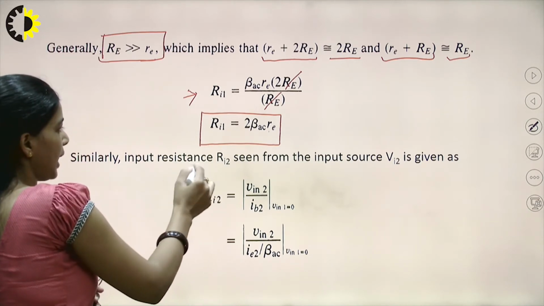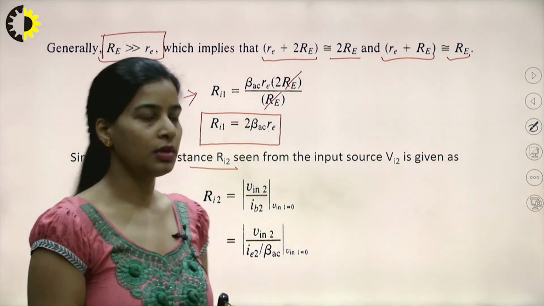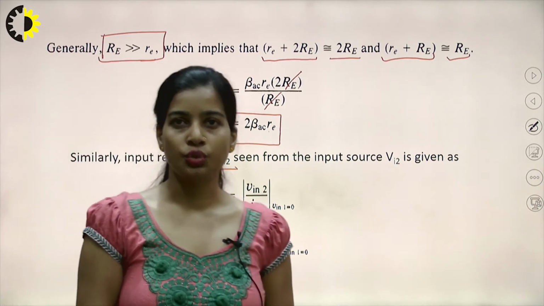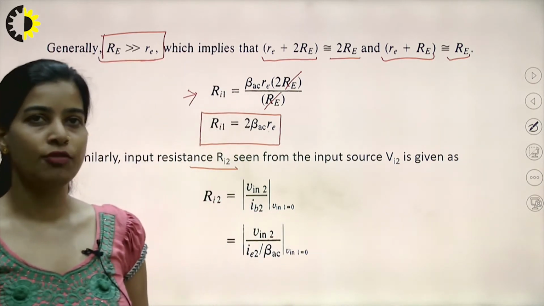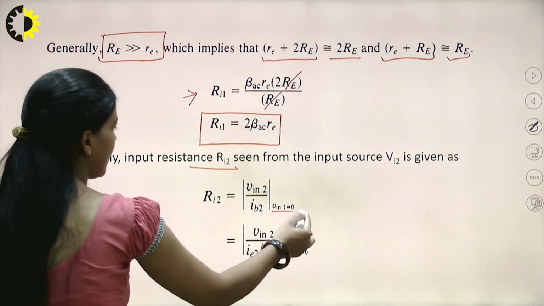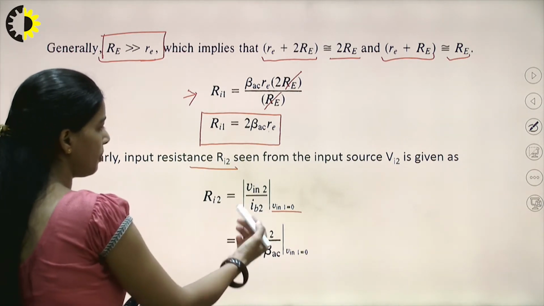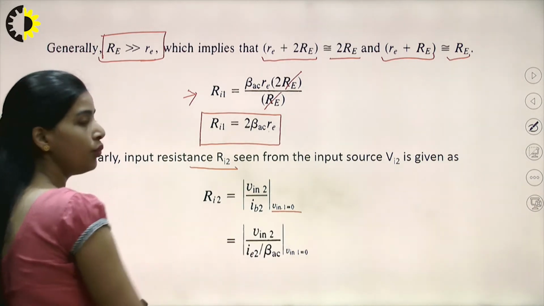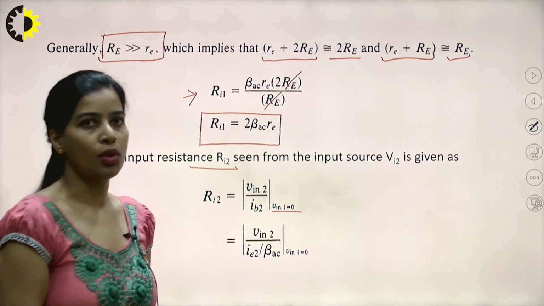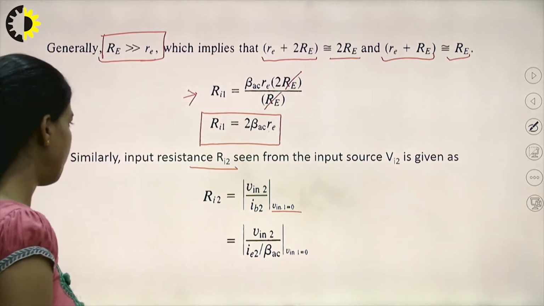Similarly, we can calculate the input resistance at the side of the second input. When we calculate input resistance 2, seen from input side 2, we keep input 1 at 0. So RI2 is defined as V in 2 by IB2, keeping V in 1 as 0. All the same steps that we followed for input resistance 1 will be followed for input resistance 2.